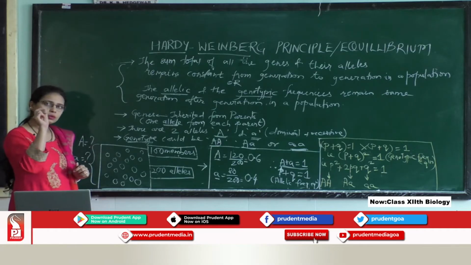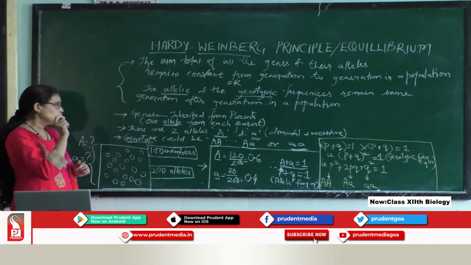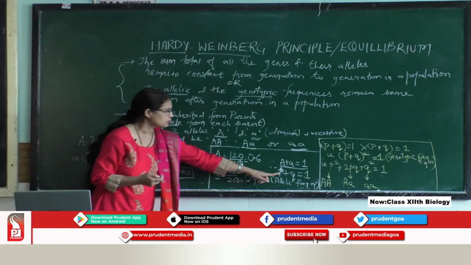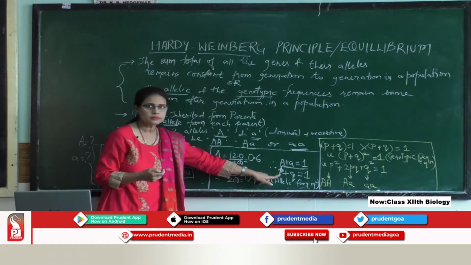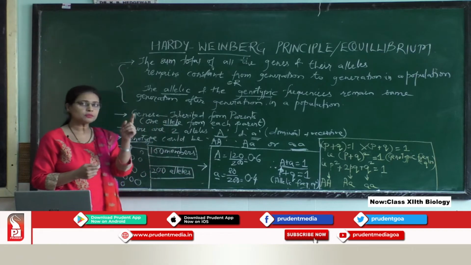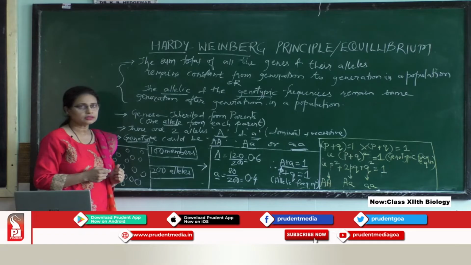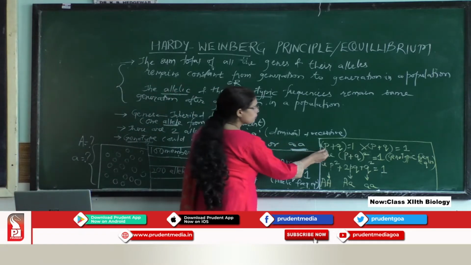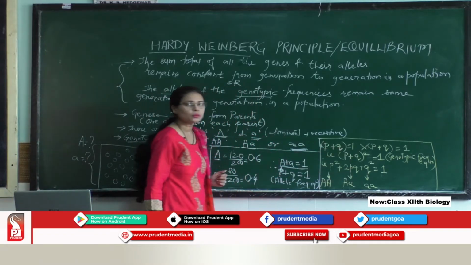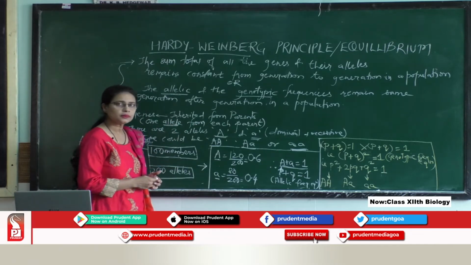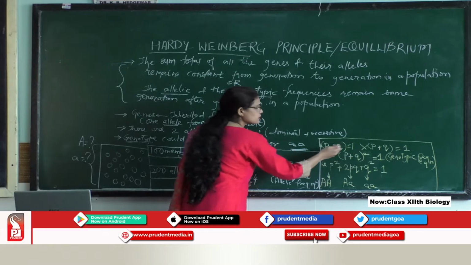So now what I need to do is pay attention. Knowing that allelic frequency we take this way through this equation, and knowing that genotype is nothing but paired allelic combination, I just multiply P plus Q equals 1 into P plus Q equals 1. Okay, product of the allelic frequency.